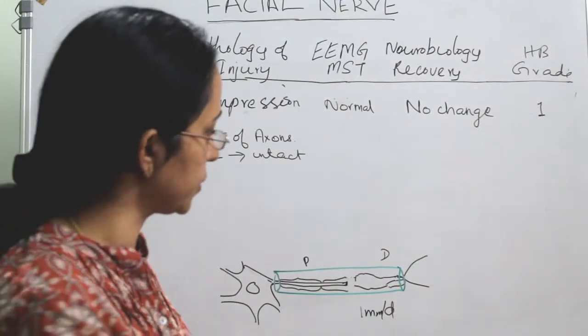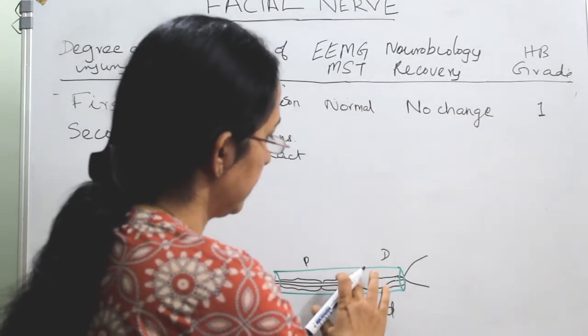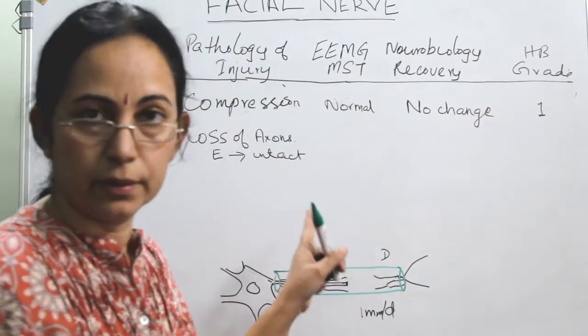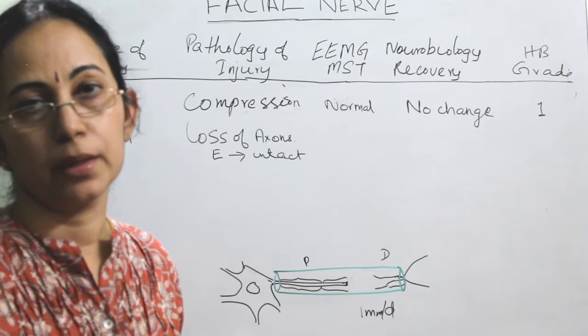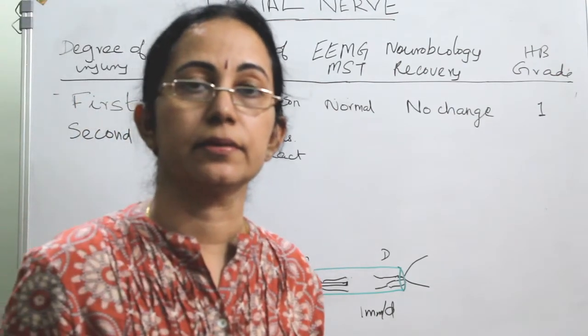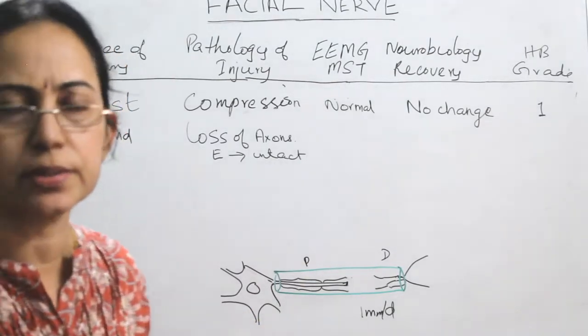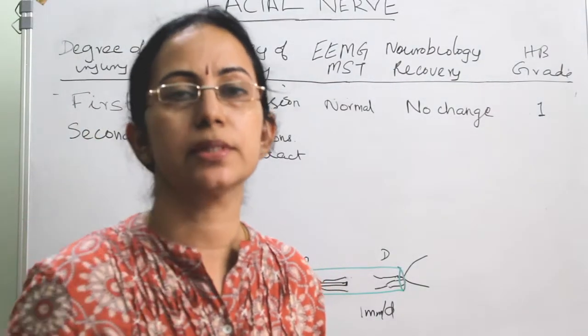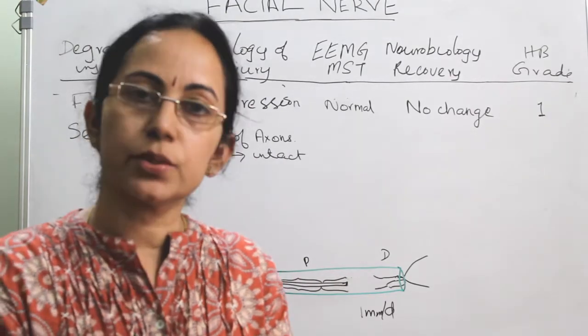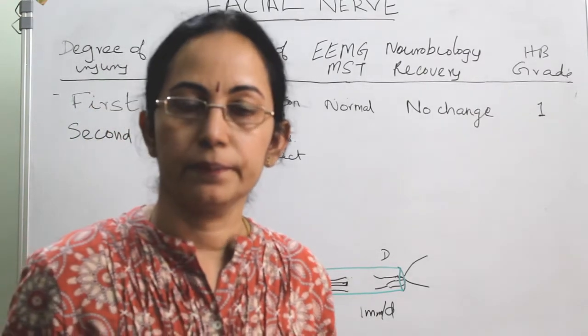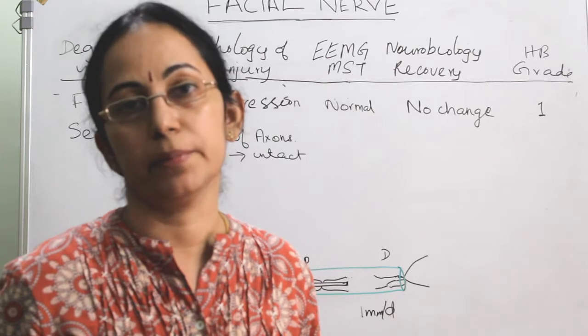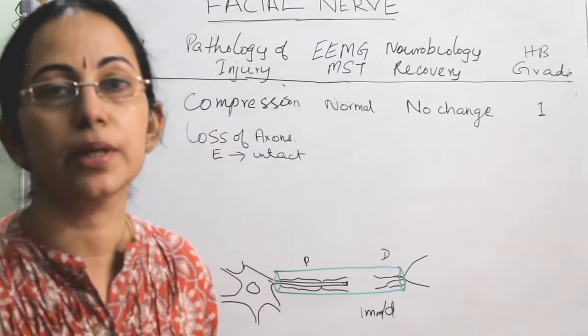And what happens here actually, immediately after the injury, is Wallerian degeneration, on this side. And what is this Wallerian degeneration? If there is a trauma to any part of the body, immediately there will be inflammation, an immune reaction to the injury.